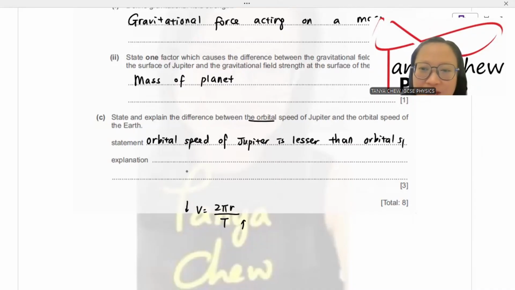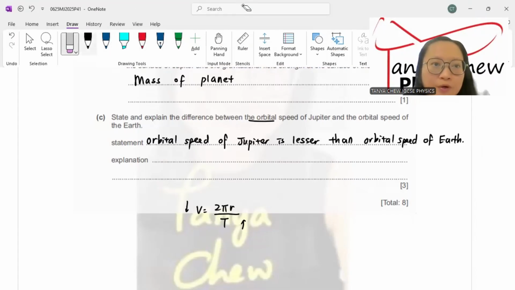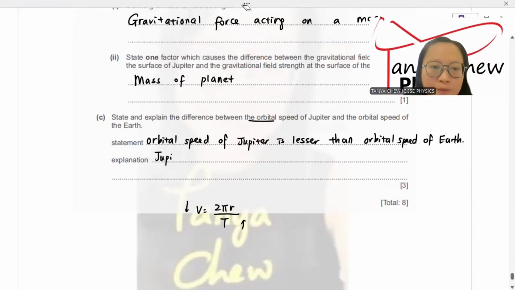So I'll say orbital speed of Jupiter is lesser than orbital speed of Earth. Explanation, why do I say so? It is because Jupiter is further away from the sun.